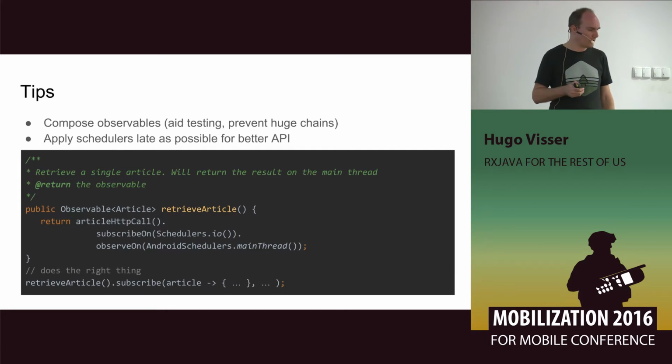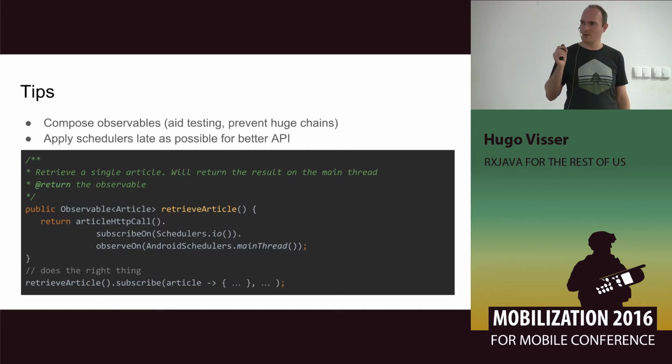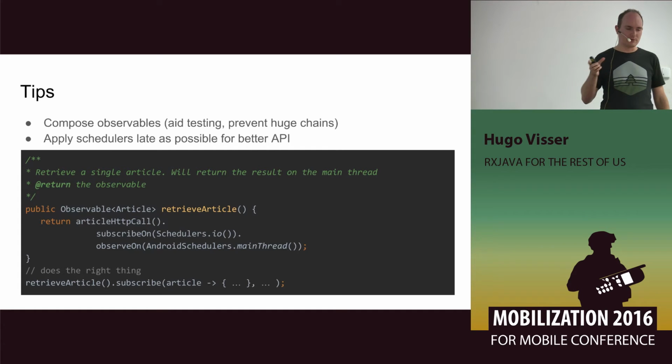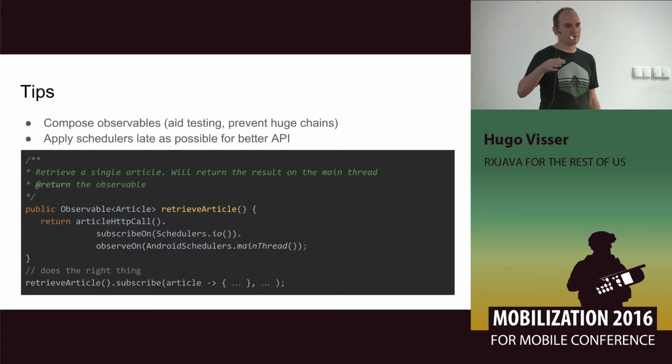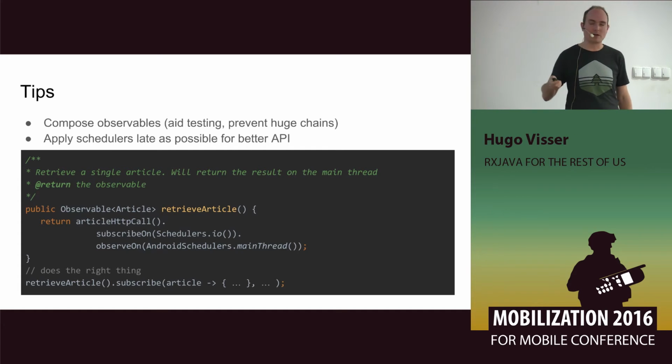Another tip is to apply the schedulers where it makes sense. So if you have this API in your app where you're retrieving articles and you're seeing yourself doing this all the time, it might make sense to set up these schedulers in your API, so to say.